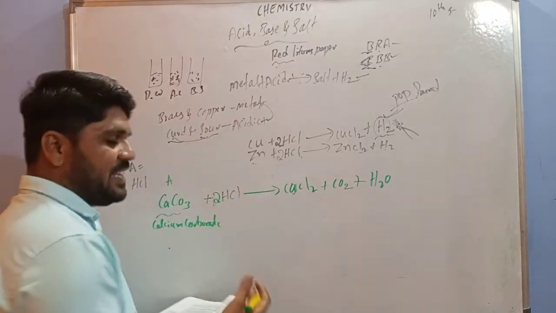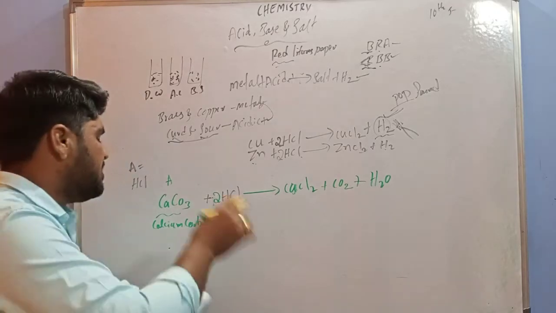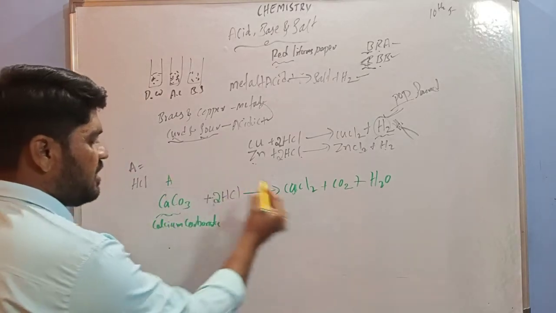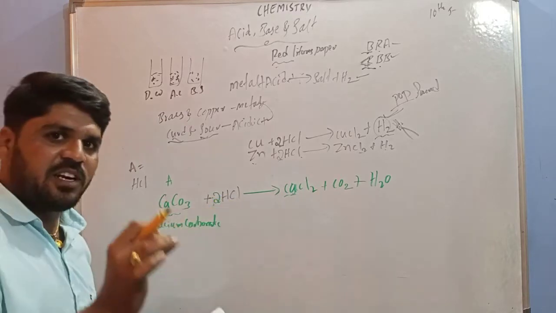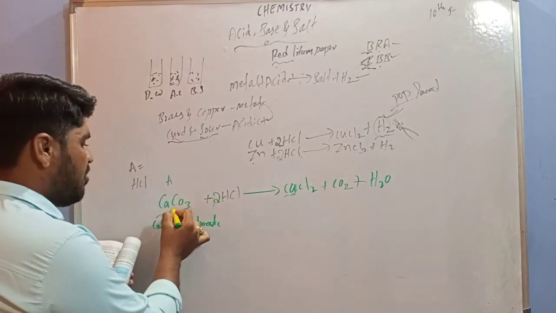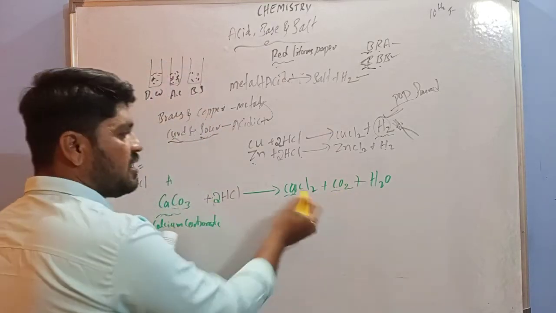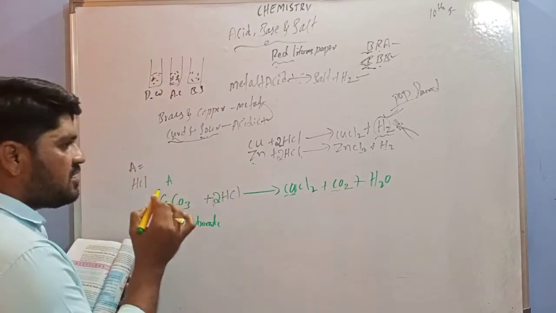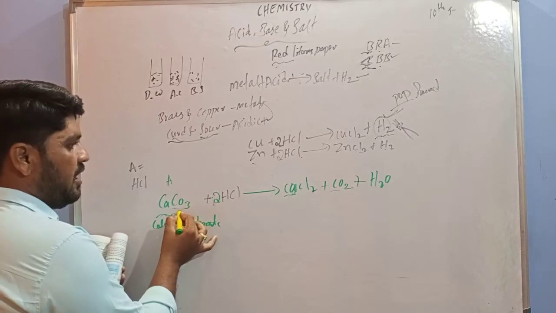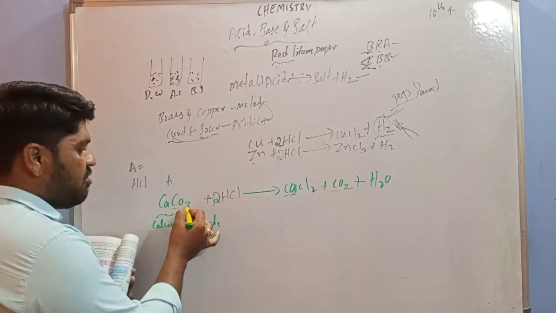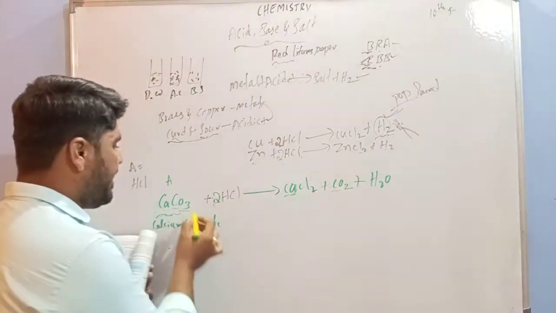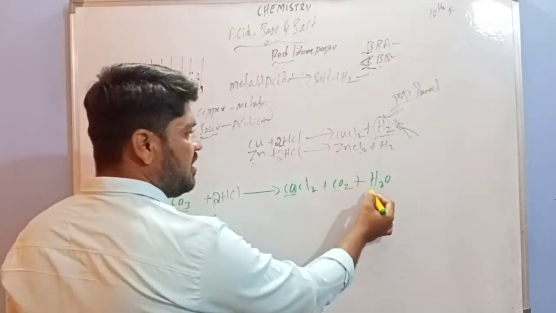Let's check once whether it is balanced or not. Easy check. Here one Ca is there, here one Ca is there, so calcium atoms are balanced. Next, here one carbon is there and here also one carbon, so carbon atoms are balanced. Next oxygen atoms. On the reactant side we have 3 oxygen atoms. Let's check the product side.